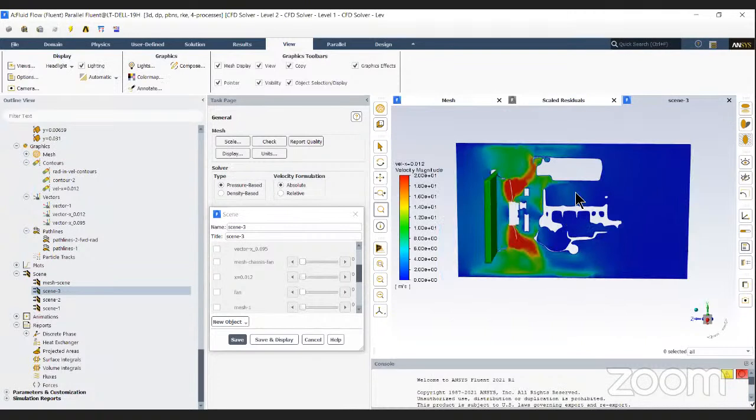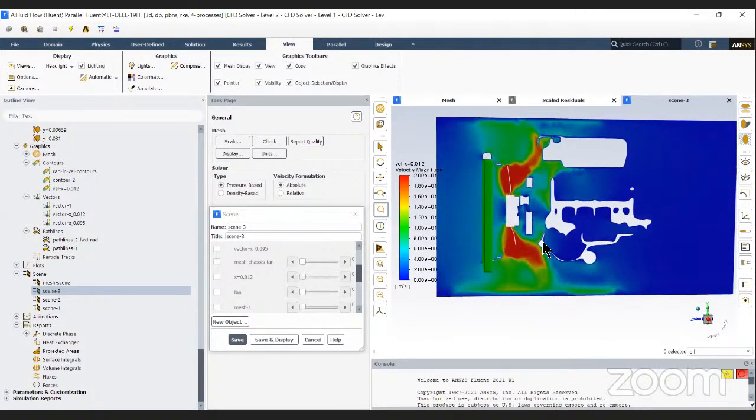This is the velocity magnitude that you're getting in a vertical cut plane. And you will notice that the fan is over here and the porous zone is over here. And you can see how the velocity is propagating throughout this cut plane.